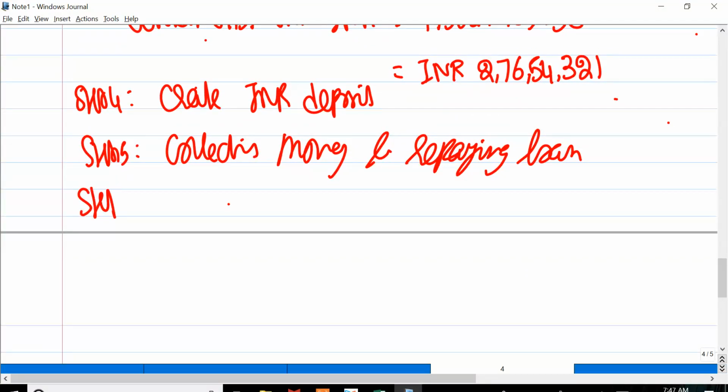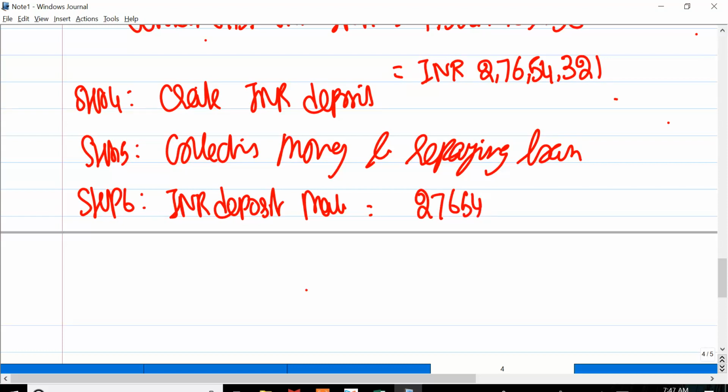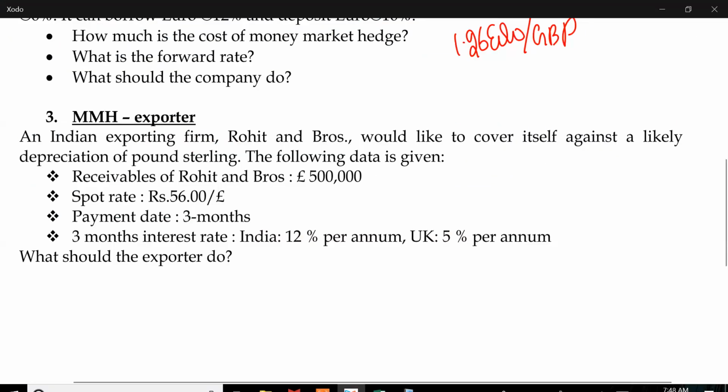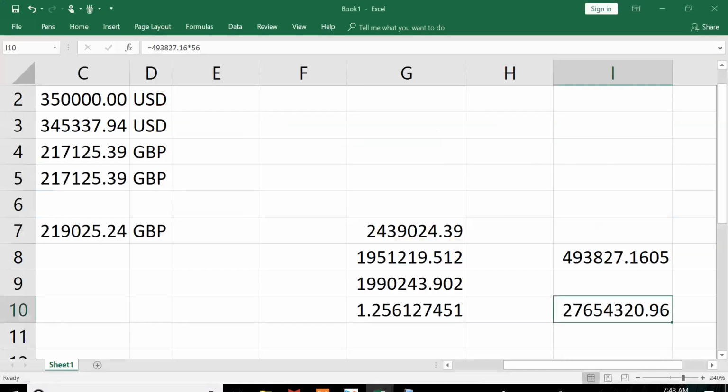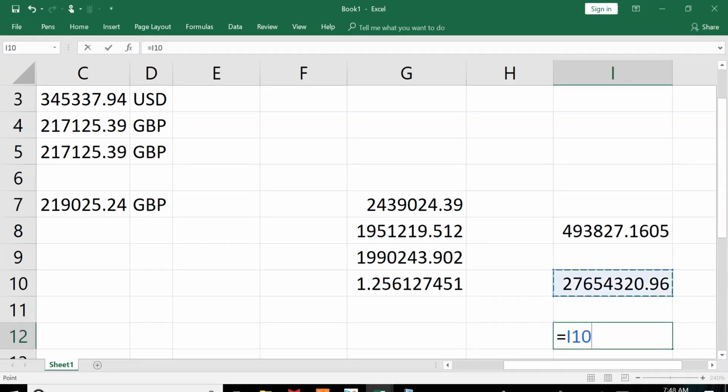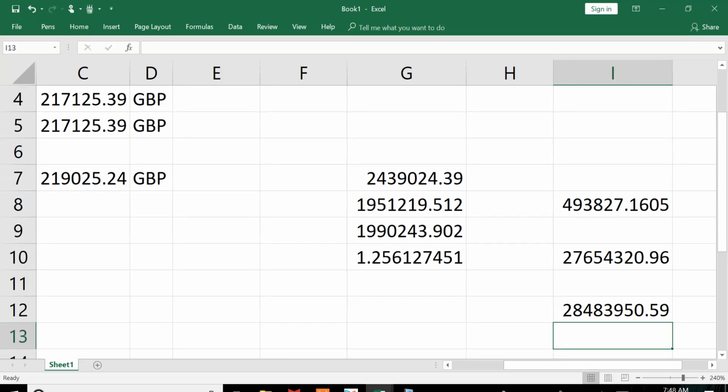And finally, step 6 is INR deposit maturity. 2,76,54,321 plus 12%, so another 3% gets added to this. This is what we'll finally realize, 2 crore 84 lakh 83,950. Broadly, this is the amount we are going to realize.